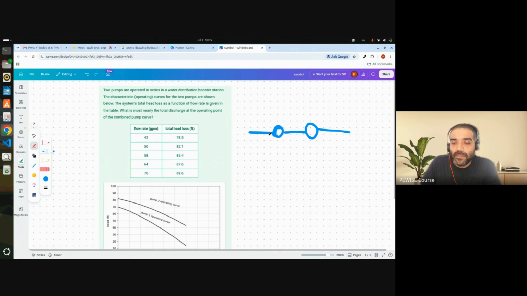When you have pumps in series, if the added head in the first one is H1 and the added head in the second one is H2, then the total added head H sub T is equal to H1 plus H2.